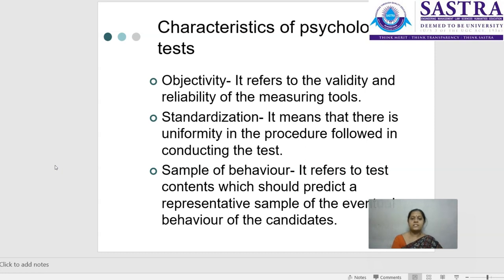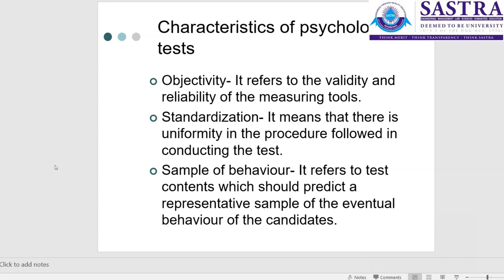The second one is standardization. It means that there is uniformity in the procedure followed in conducting the test. So this psychological test will be uniform in the procedure that is followed in conducting the test. And the next important characteristic is sample of behavior. It refers to the test contents, which should predict a representative sample of the eventual behavior of the candidates.